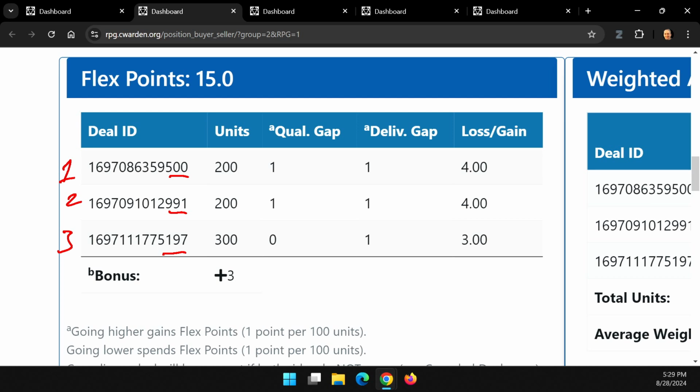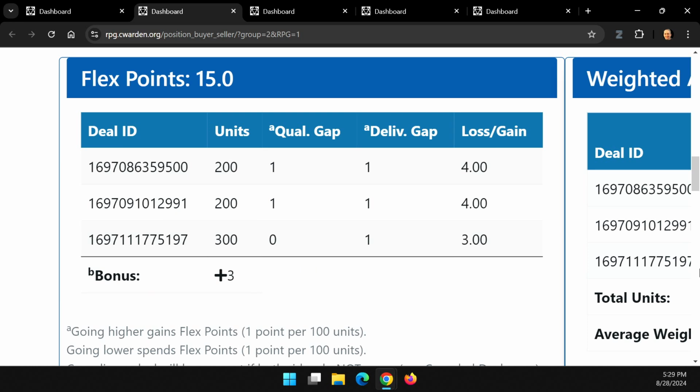And you can see here that they're going to get 3 extra points. Now, how do they get 3 extra points? Because it's 1, 2, 3, and all of them are bigger than or equal to 100, which was the target. So that's called the bonus.